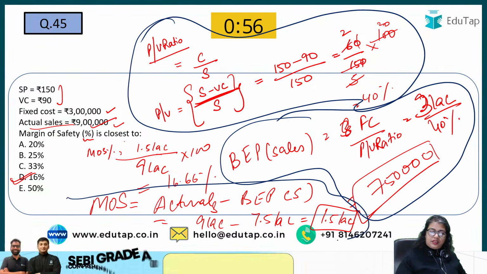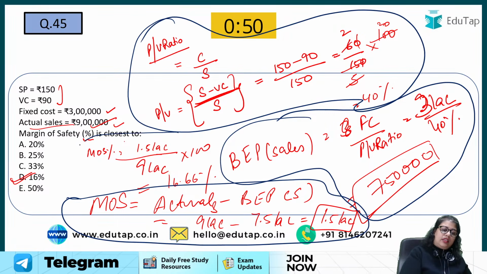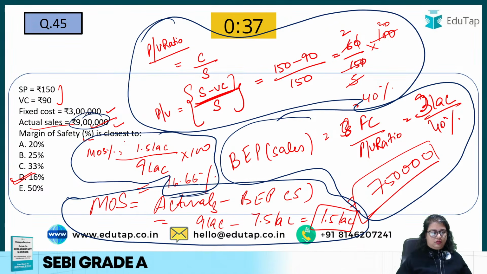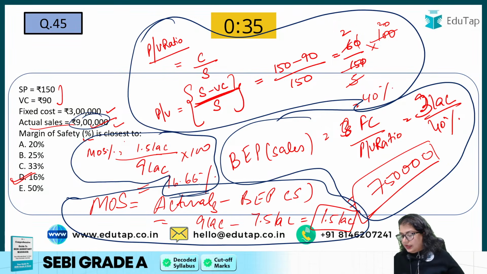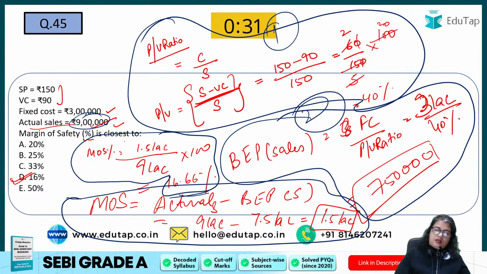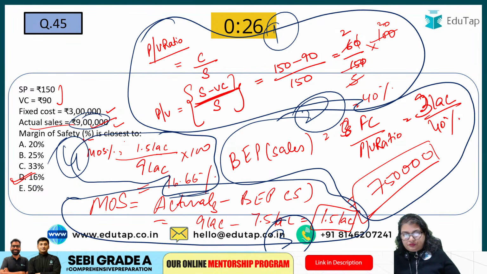This is step number 3, that is actual sales minus break even sales, right? And then you have to calculate the percentage, that is margin of safety upon the actual sales into 100. So that would be 1.5 lakh divided by the actual sales 9 lakh into 100, that is 16.66. So it is closest to 16%. Answer is option D. Okay, so this is the first step, second step, third step and fourth step. Okay. Moving ahead.